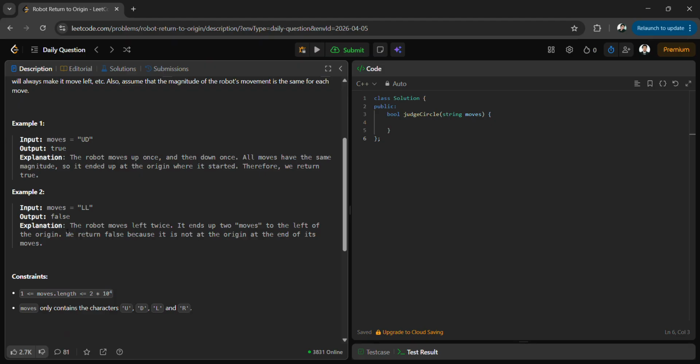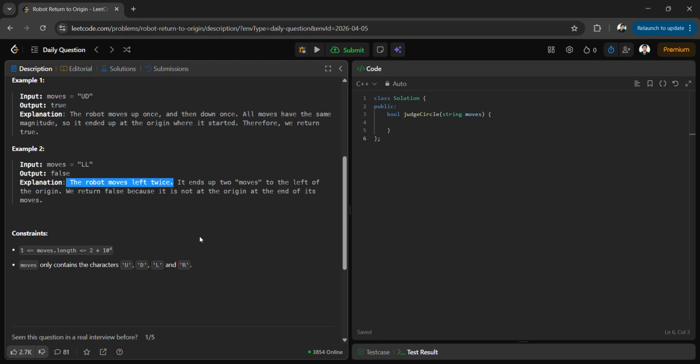We can assume our robot is at the coordinate -2, 0. After performing these two operations, the robot has completely skipped its origin, so we return false, as the explanation also says: the robot moves left twice, it ends up two moves to the left of the origin. We return false because it is not at the origin at the end of its moves.